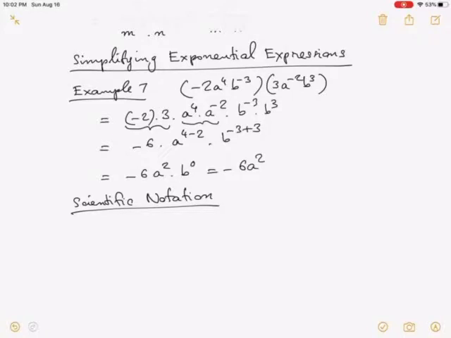Write the digit as a decimal number between 1 and 10, count the number of places that you moved the decimal point, and multiply the decimal number by 10 raised to the power of n.